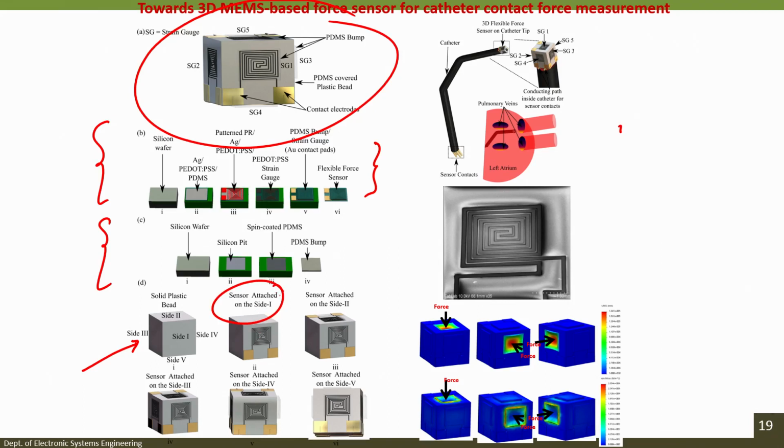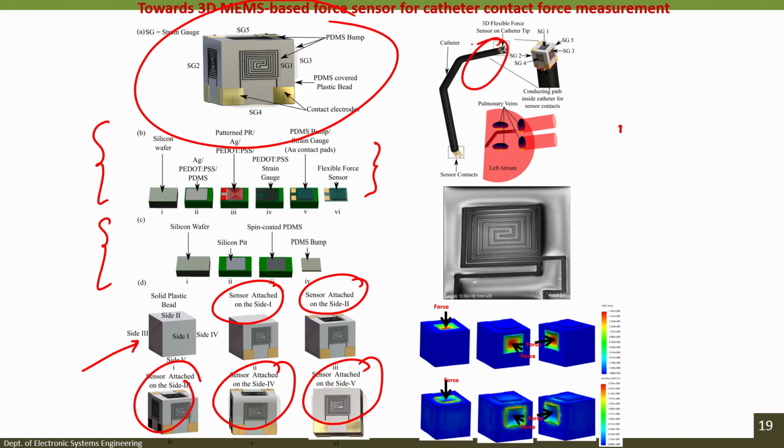See here, side 1, side 2, side 3, side 4, side 5. Why not side 6? On the 6th side we are not doing anything, because it is the side which we have to attach on the catheter, right. So, side 1 to side 5 we are using for attaching the piezoresistive flexible force sensor.